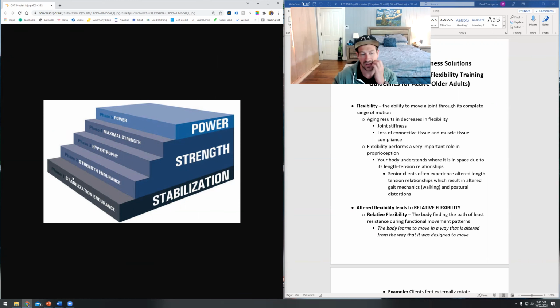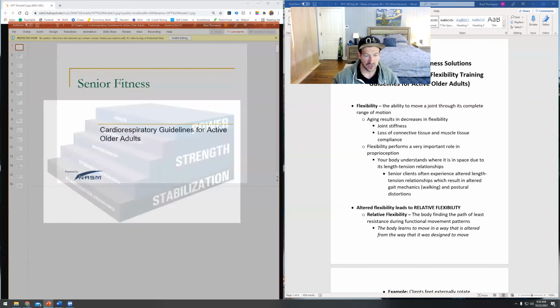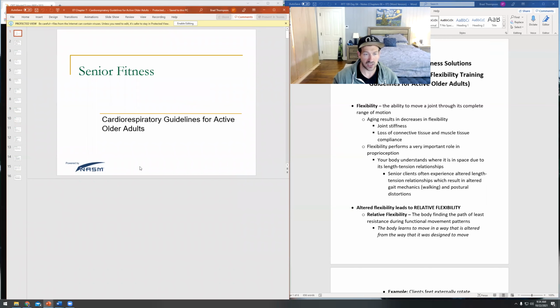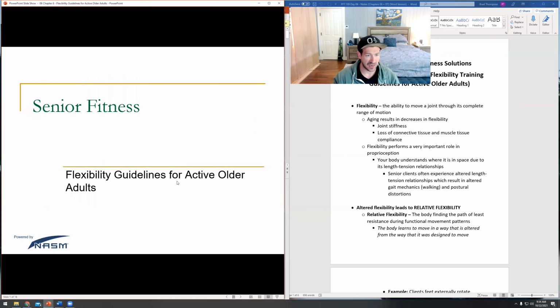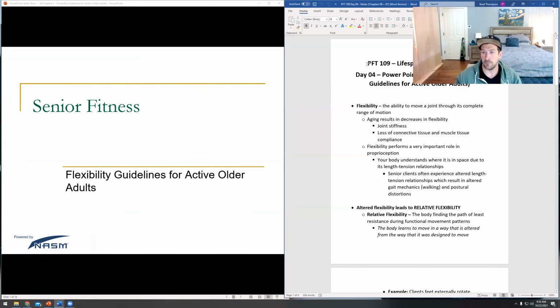So all of your clients should be starting in the stabilization level whenever you're training brand new clients. And then as they start to progress from there, you move them into the strength level and then eventually into the power level. And we'll talk about what that looks like here as we go through our flexibility and cardio stuff.